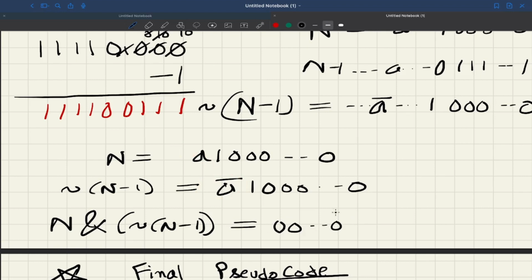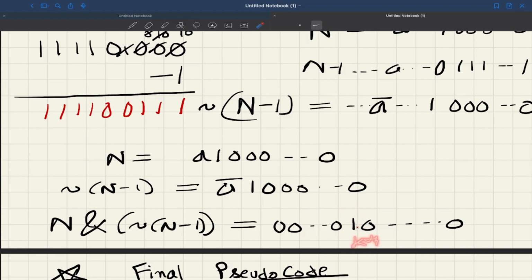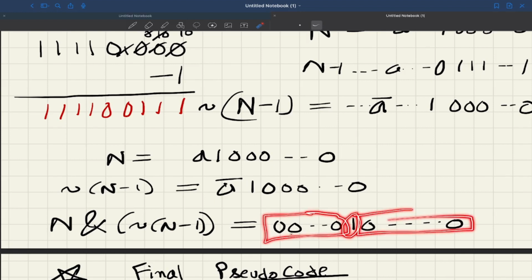This 1 and 1 will become 1, and 0 and 0 will become 0, right? So all the positions except the position of this rightmost set bit will become 0. This is the position of the rightmost set bit, which is our kth set bit. At that bit I got 1, and at all the rest of the indices, I got the value equal to 0.